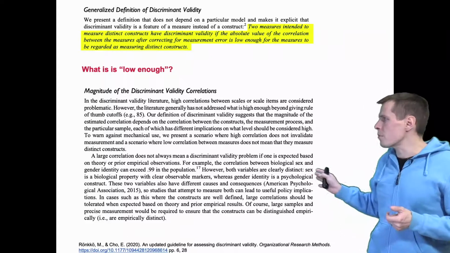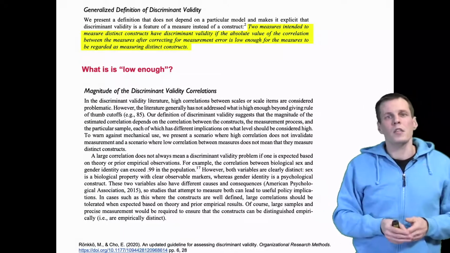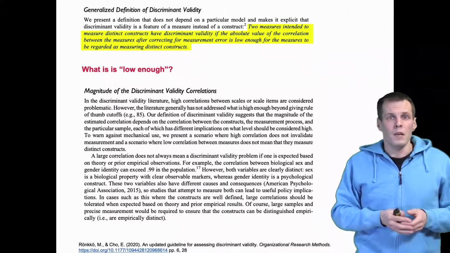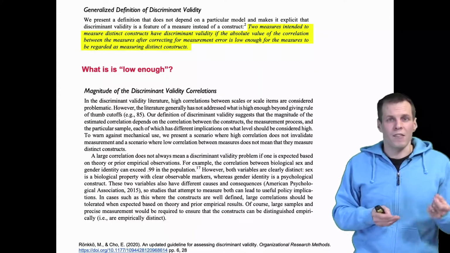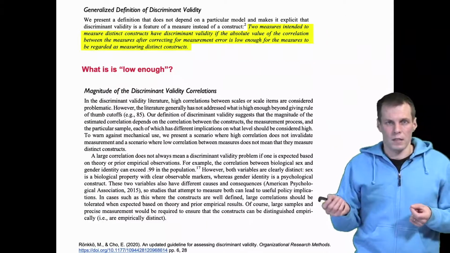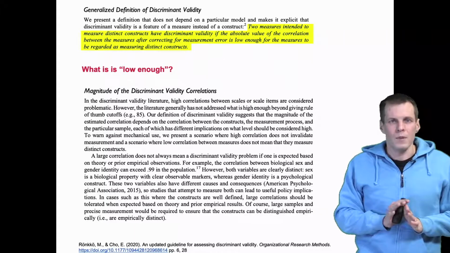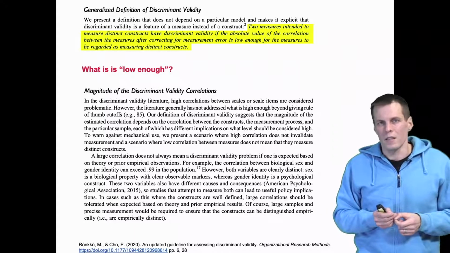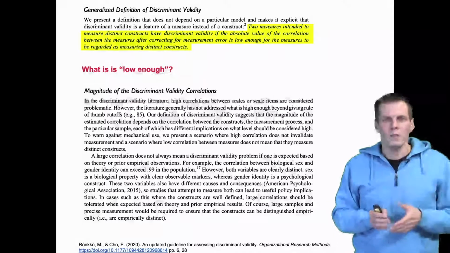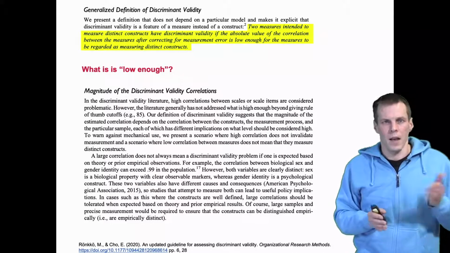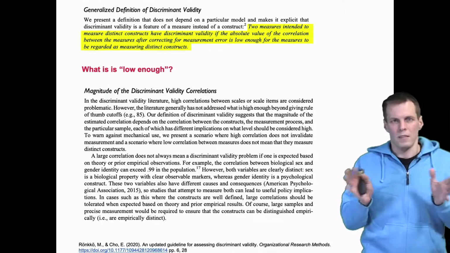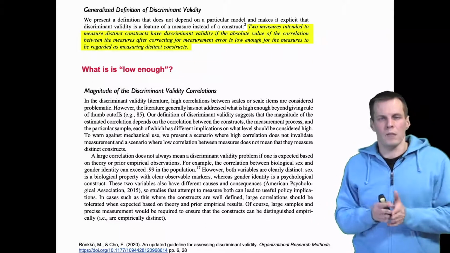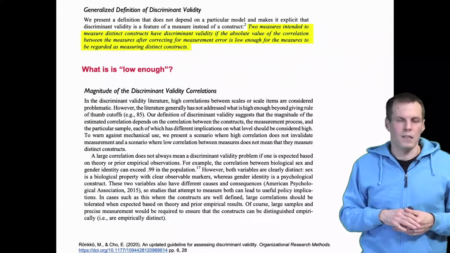Our first example in the paper of a high correlation that is not a problem is the correlation between gender identity and biological sex. So we simplify things a bit here, and we assume that these are binary. So we assume that gender identity is either man or woman, and biological sex is either male or female. So it's not as clear cut, but this is a simplification.